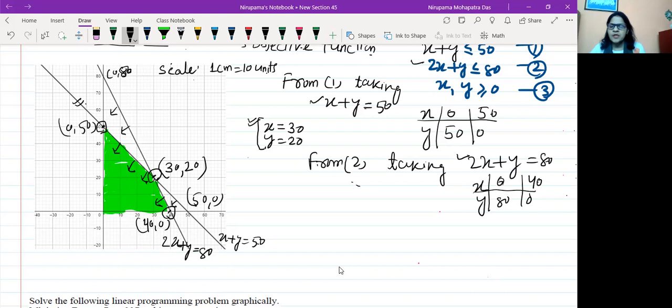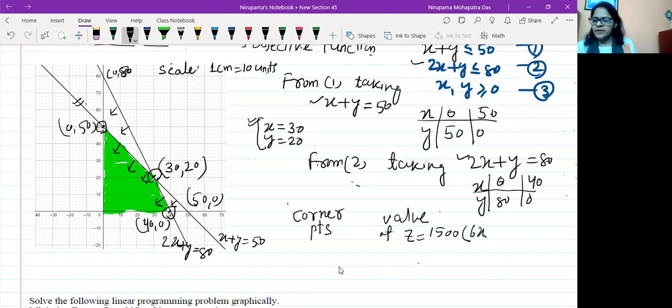The next step is to find the value of z at each of the corner points. So we will make a table here. First, corner points, then the value of z, which is the objective function, 1500 into 7x plus 6y.